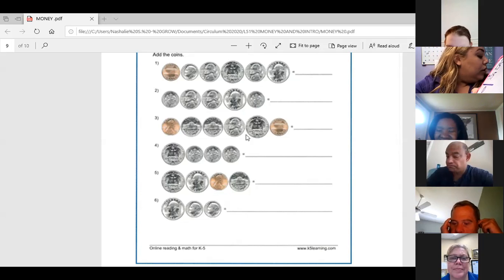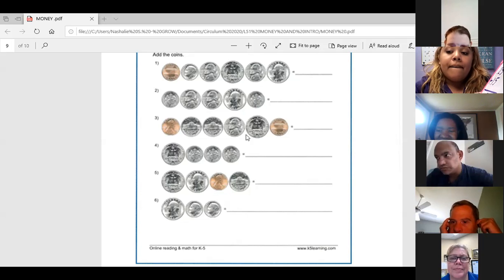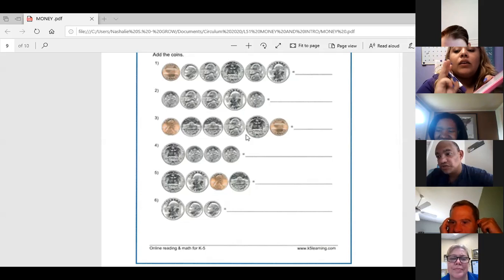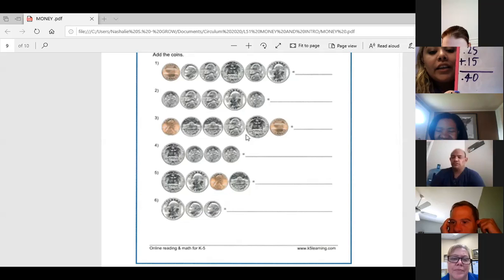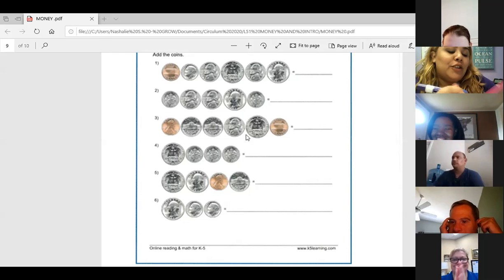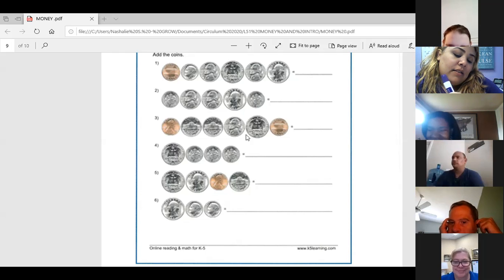Y 3 más 1? 4. Very good. So we have 40 cents. So now we're adding 2 pennies to it. So what's the total? 42 cents.